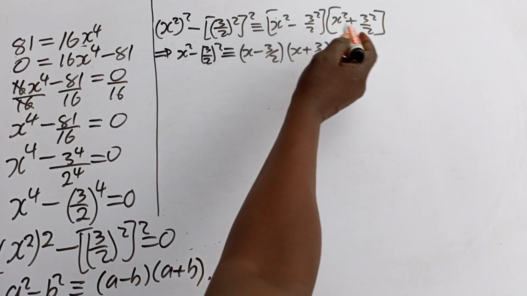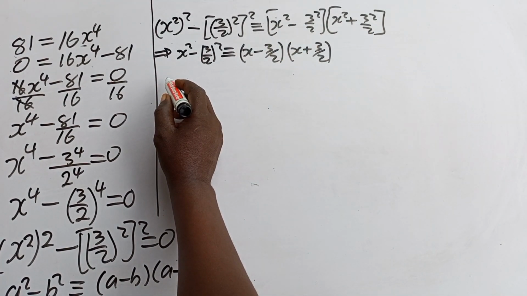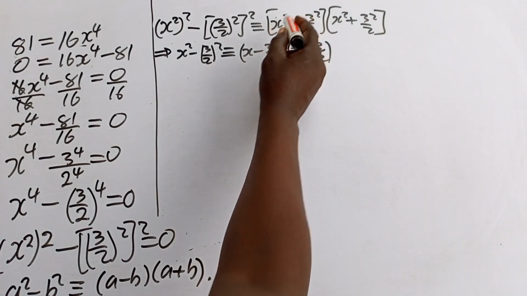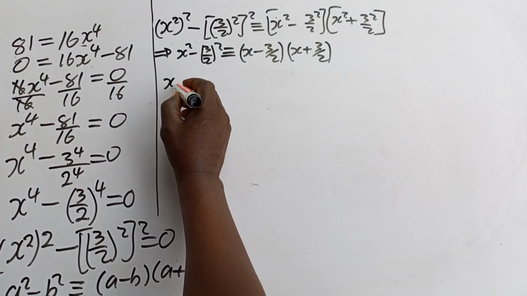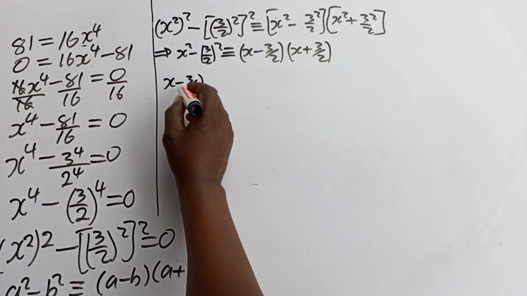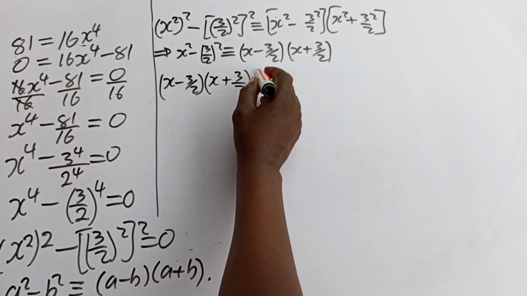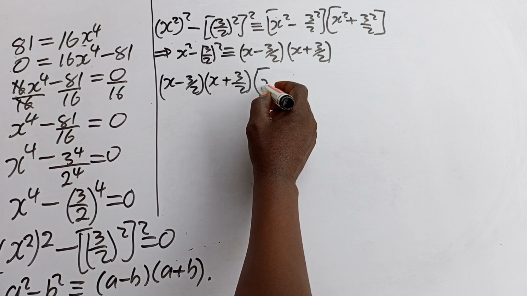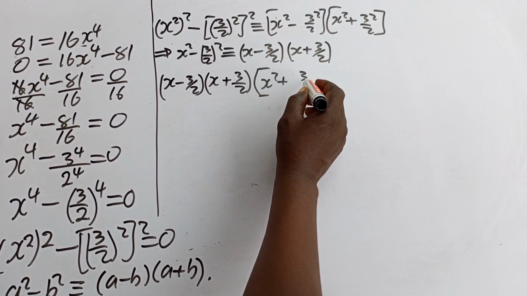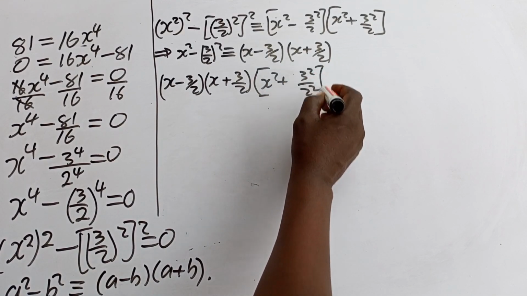So this expression up here can be written in full as x minus 3 all over 2, x plus 3 all over 2, all of that into x squared plus 3 squared all over 2 squared.